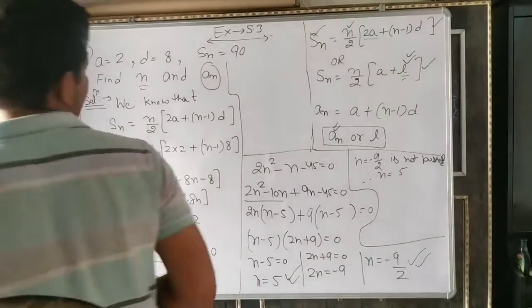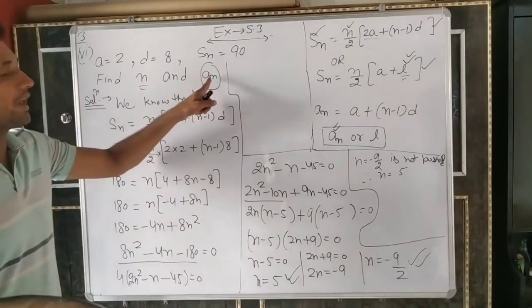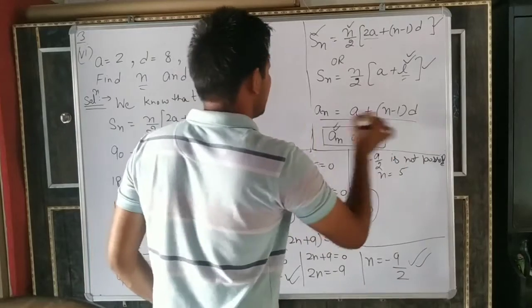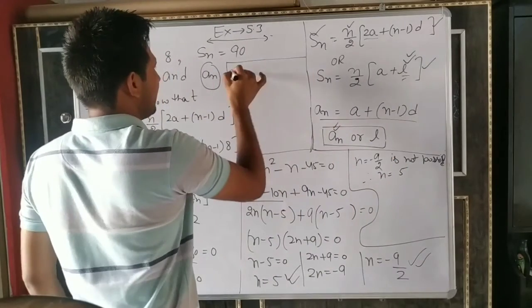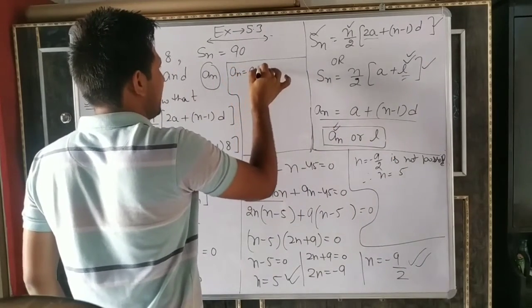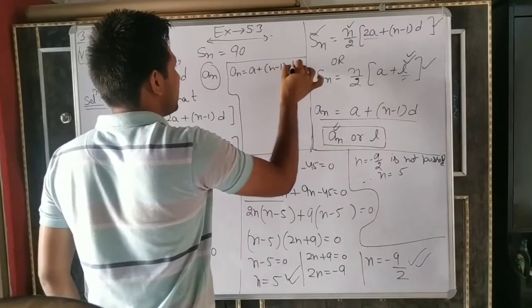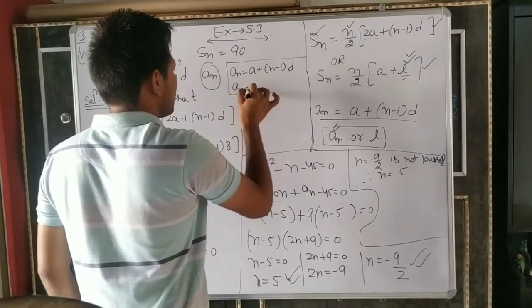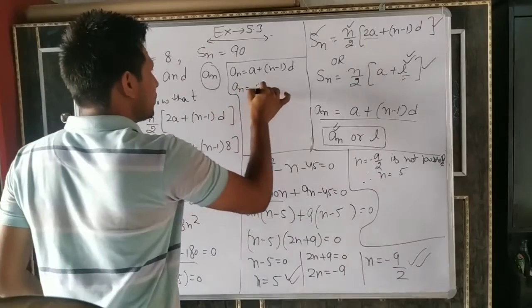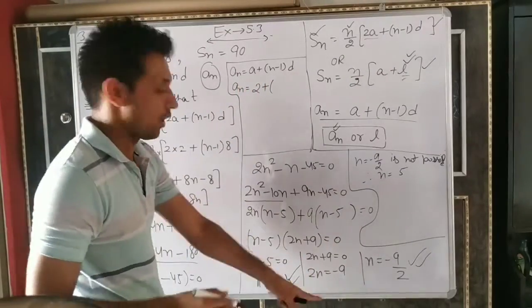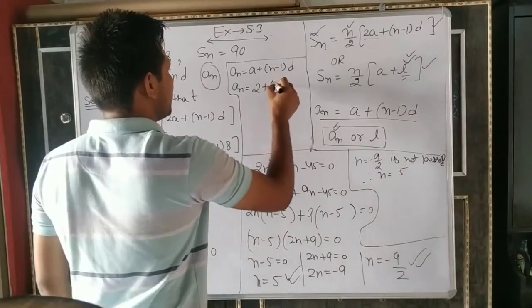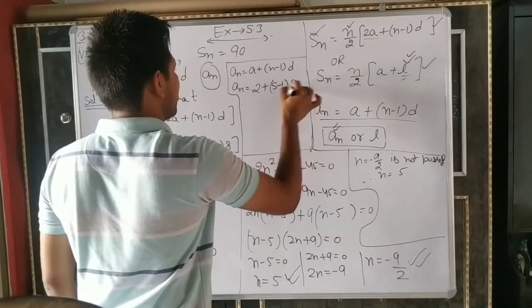But now what remains? An. So now we will use the nth term formula: an equals a plus (n minus 1) into d. An we want to find. A is 2, and n we already know is 5. 5 minus 1, d is 8.